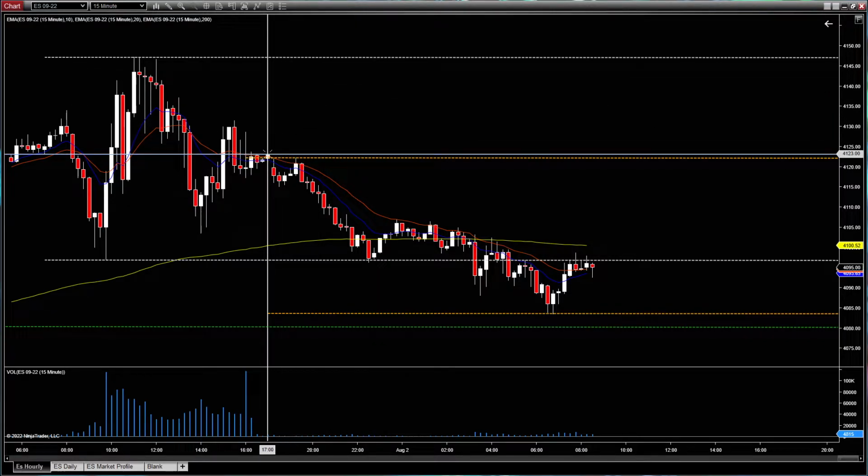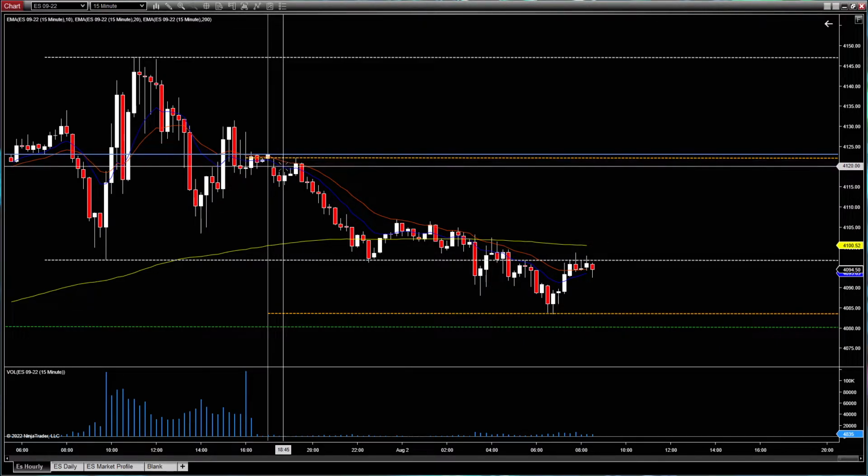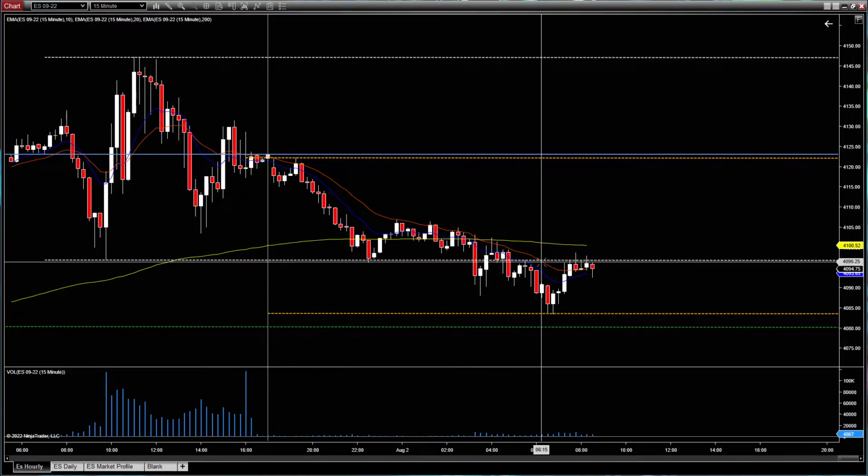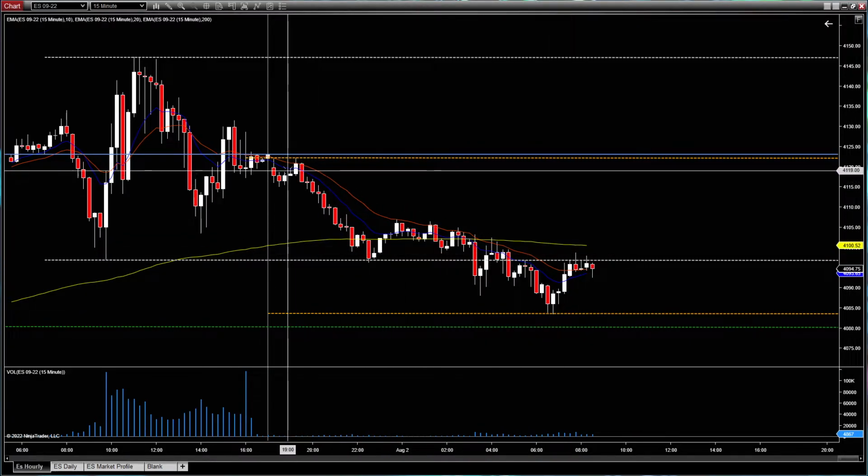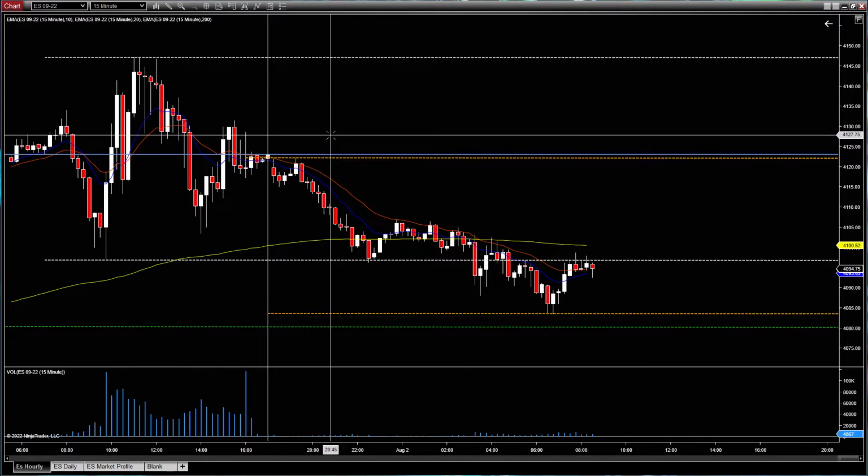If we closed right here, when the overnight market opened, we see that every single bit of price action took place below that blue line. None of it crossed, went up, came back down, whatever.